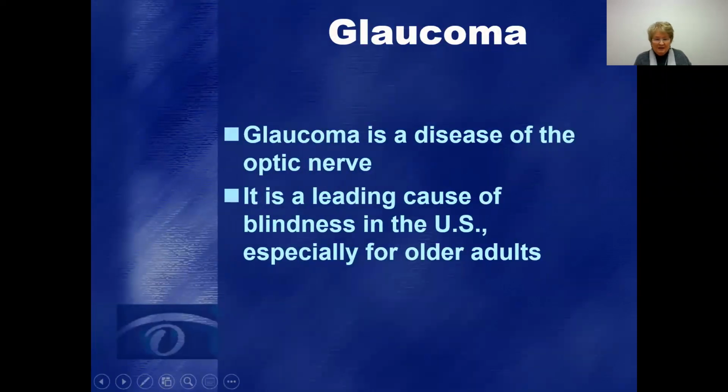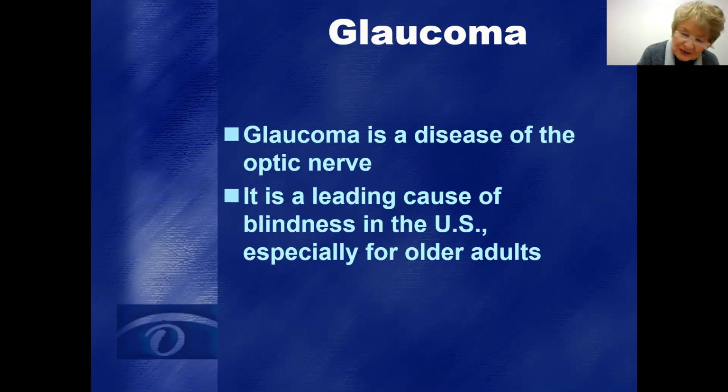So again, I guess that's enough talk about cataracts, and we can talk a little bit about glaucoma. And you'll see that glaucoma really is a disease of the optic nerve. And as we go along, I'll explain that to you. And it is the leading cause of blindness in the United States, especially for older adults. 2% of the population over the age of 40 actually have glaucoma.